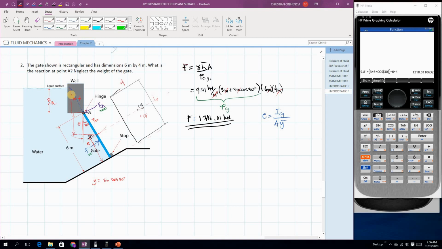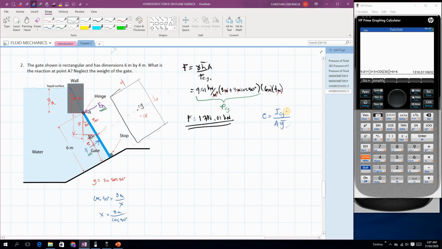So meron tayong adjacent or, again, cosine 30 degrees is equal to, so adjacent natin is 3 meters over ng distance x. Then yung distance x na hinahanap natin is 3 meters over cosine 30 degrees. Okay. So makuha na natin yung y.